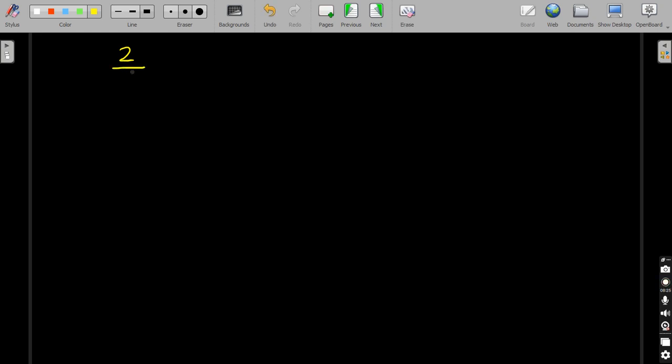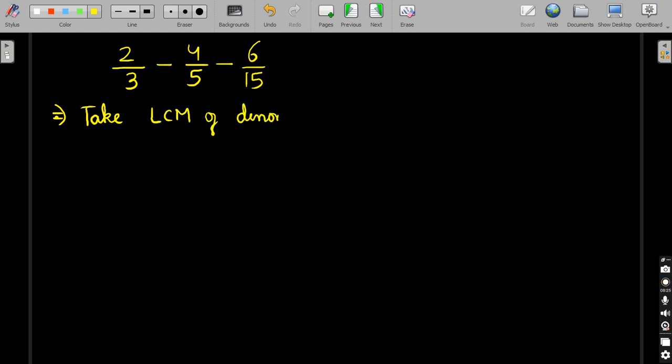Okay, now suppose I am solving 2 by 3 minus 4 by 5, let it be, minus 6 by 15. Now in this situation, how am I going to solve the equation? The process is very simple. Now I will take the LCM of the denominators.